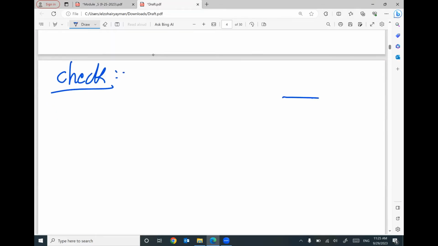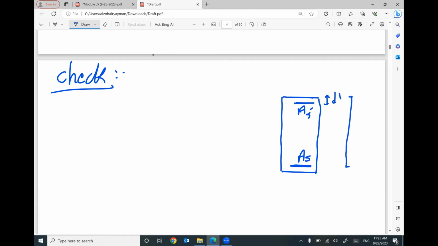Keep in your mind that we have a steel reinforcement here, area steel, and area steel prime here. This distance equals D prime, and this distance equals D. D equals 24, D prime equals 2.5 inch. This width equals 14.